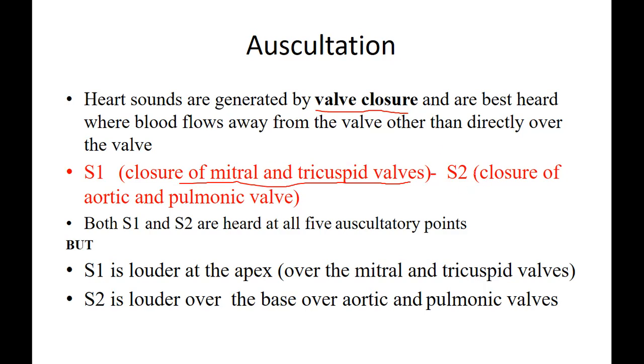Then after S2, the heart is resting to allow filling of the atria and ventricles. Now, both S1 and S2 are heard at all 5 auscultatory points. But because of the location of those positions, remember, S1 will be louder at the apex over the mitral and tricuspid valve.